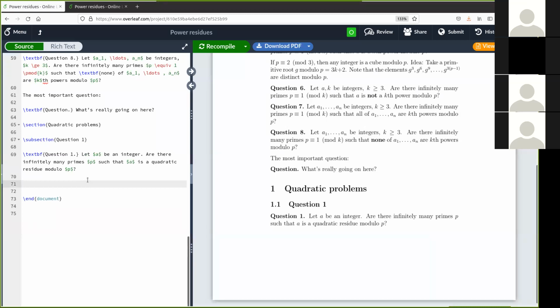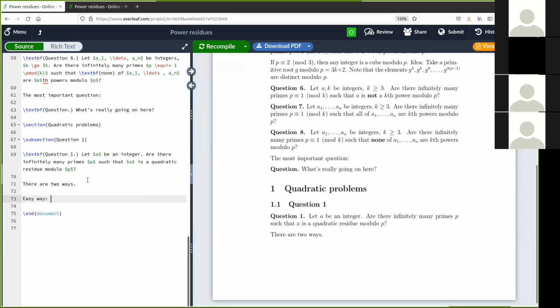Does anyone know any easier way? No? Okay. Well, there really are two ways to do this.